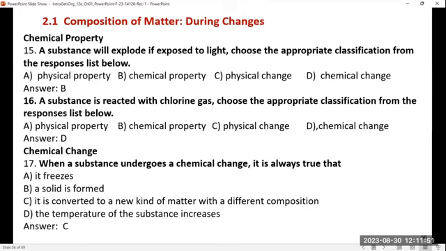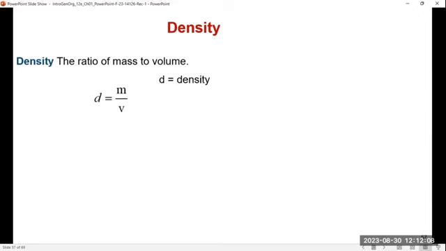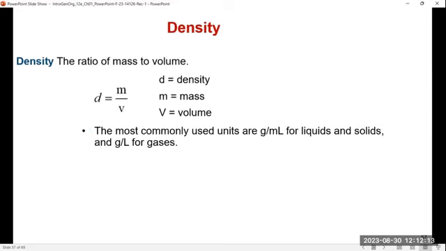We're going to talk about density. Density is defined as mass of a substance divided by volume of a substance. The most common unit for density is grams per milliliter. For gases, grams per liter.